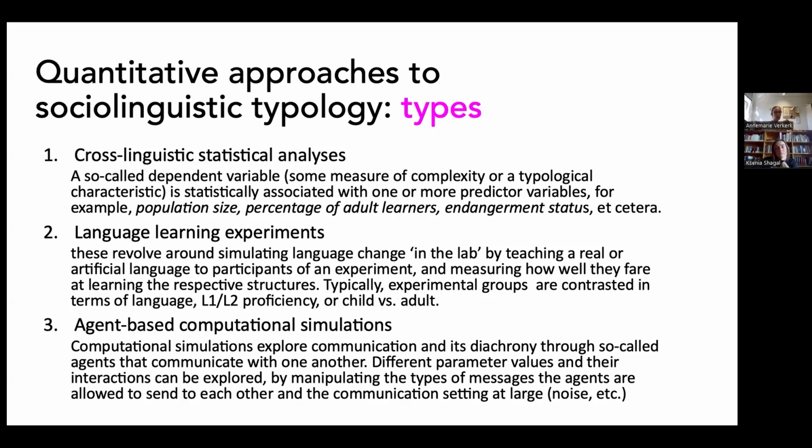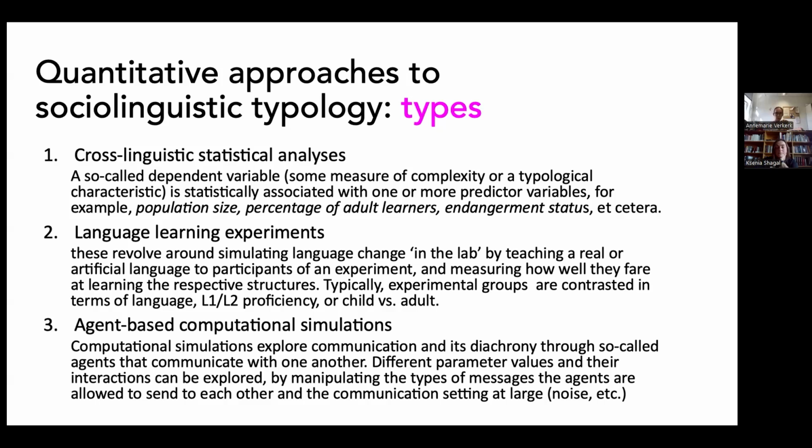Basically, there is a so-called dependent variable. This is typically some measure of complexity or the presence or absence of some typological characteristic. And these are then statistically associated with 1 or more predictor variables. These can be population size, percentage of adult learners, endangerment status, use as a national language or not, and all these different things, right?